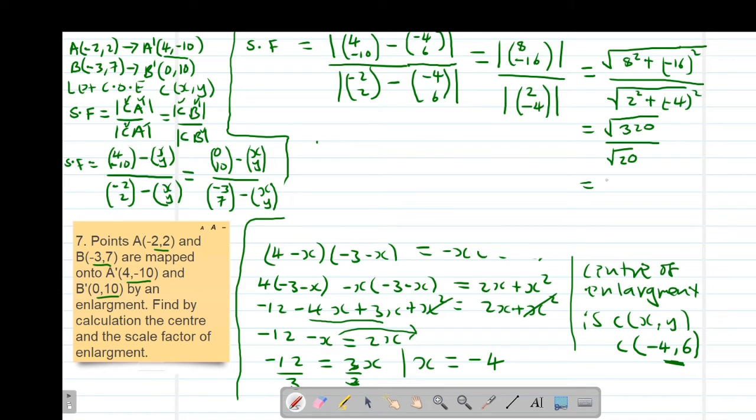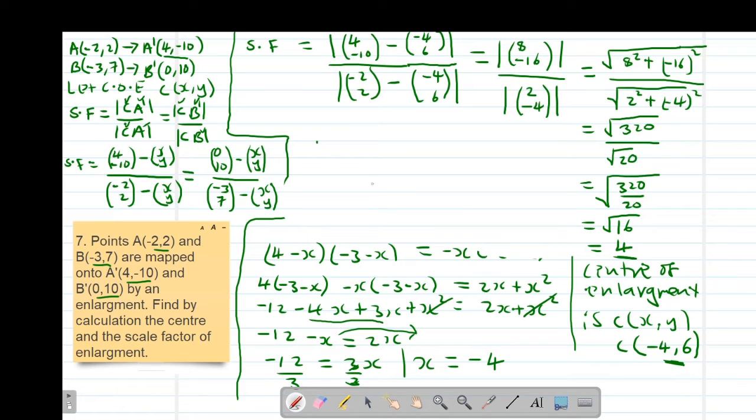So this one can be written as the root of 320 divided by 20, which will give us the root of 16. So square root of 16 will actually be positive 4. So it means the scale factor of enlargement is actually 4.